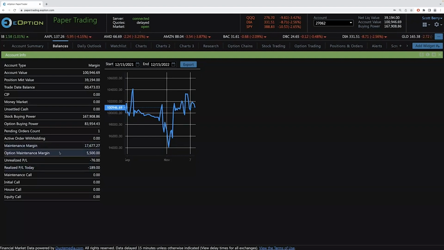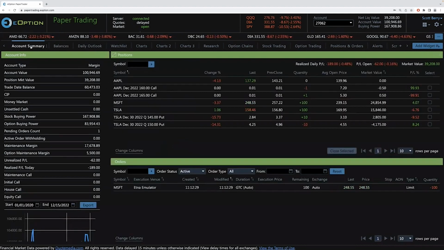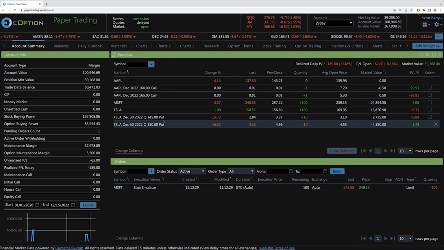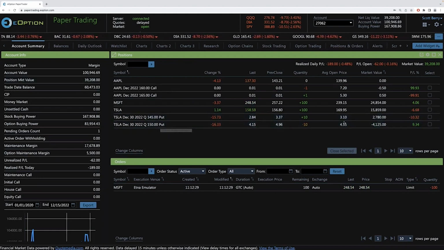The option maintenance margin, which is the next line item, is 5,500. So we must have a spread in the account that's holding $5,500 against it. And as you can see, there's a Tesla put spread, credit spread, that is 5 points times 10 contracts.